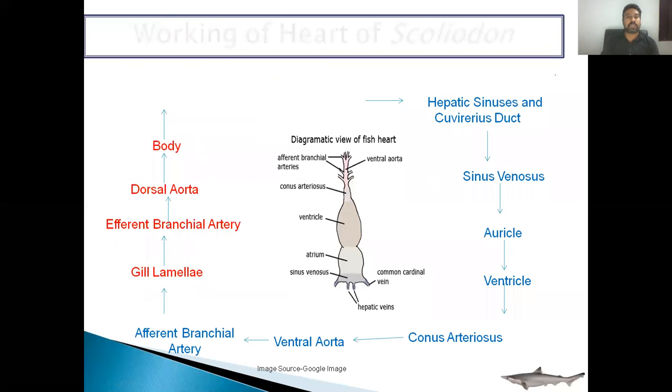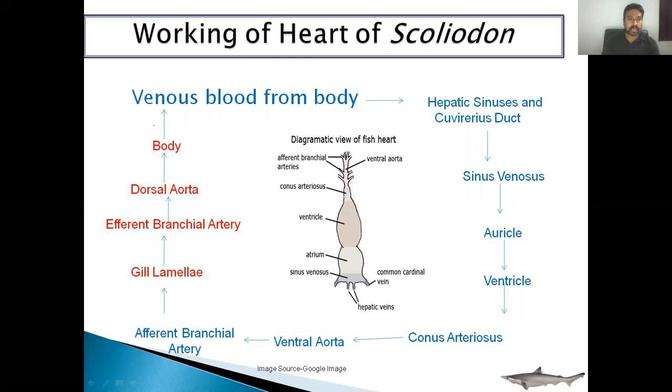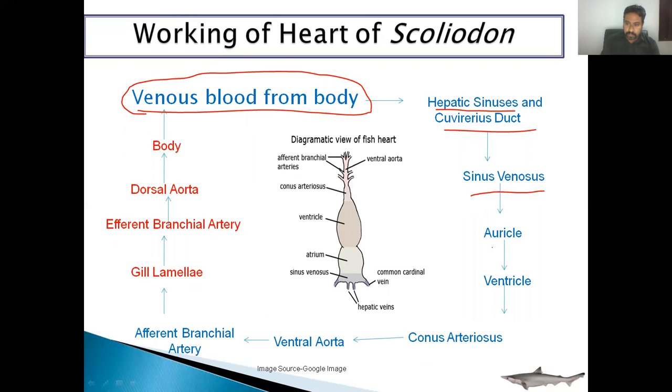If we try to understand with the help of the diagram, we can see that the venous blood from the body is collected by these two veins, the hepatic sinuses and the cuvierian duct. This blue is deoxygenated blood, and here it is oxygenated blood. The deoxygenated blood goes to the sinus venosus, then to the auricle, then to the ventricle, then to the conus arteriosus, and from the conus arteriosus to the ventral aorta.